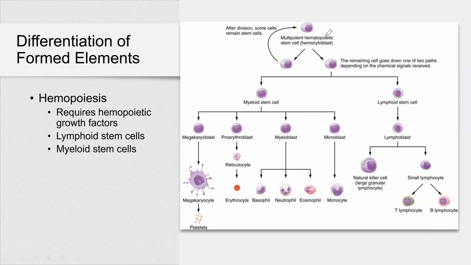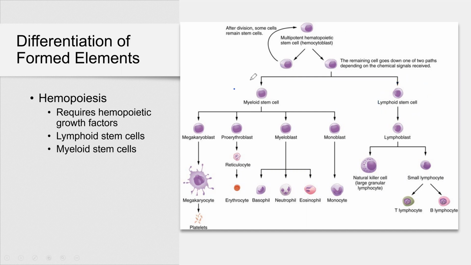Now, actually, all your blood cells come from a common cell over here, and it's a stem cell. This stem cell is found in bone marrow, right? Then these stem cells can differentiate into myeloid or lymphoid stem cells.